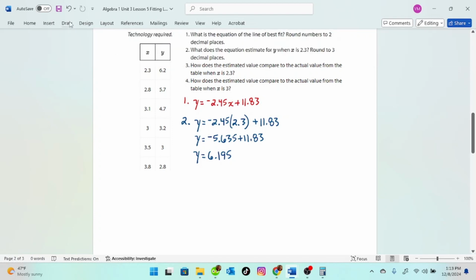Number 3, how does the estimated value compare to the actual value from the table when x is 2.3?